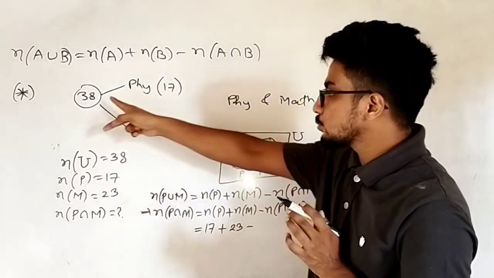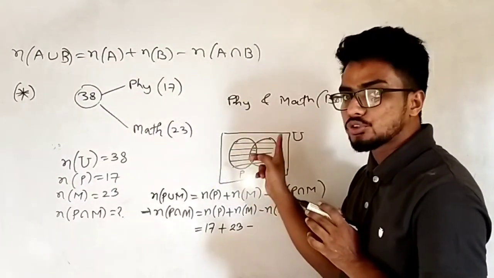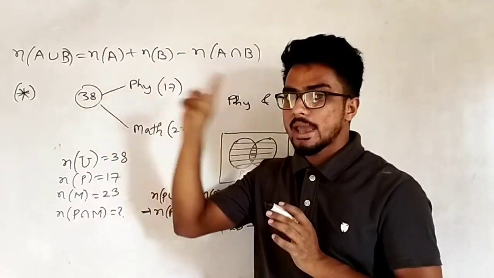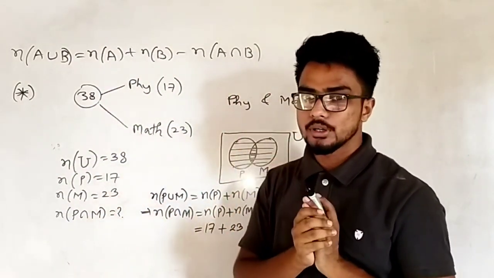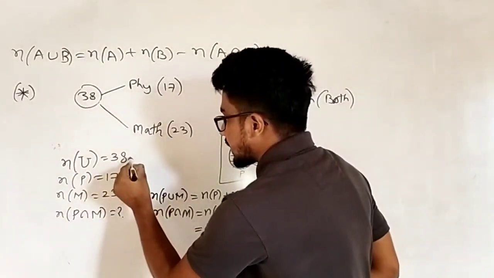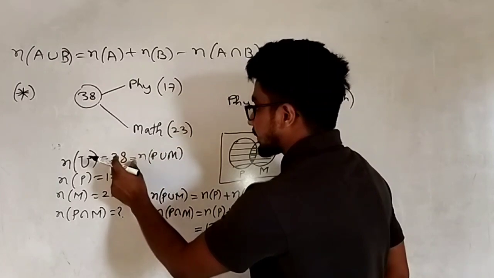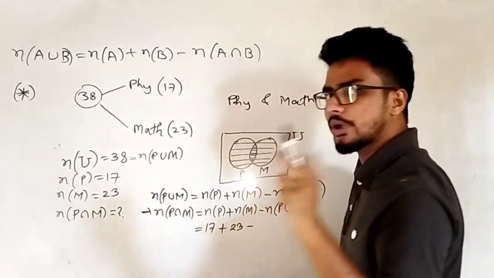That means the total result will be in either P or M, because the 38 students will read at least physics or at least maths. So we can consider n(U) as our n(P union M), because the 38 students will read at least one of the subjects.